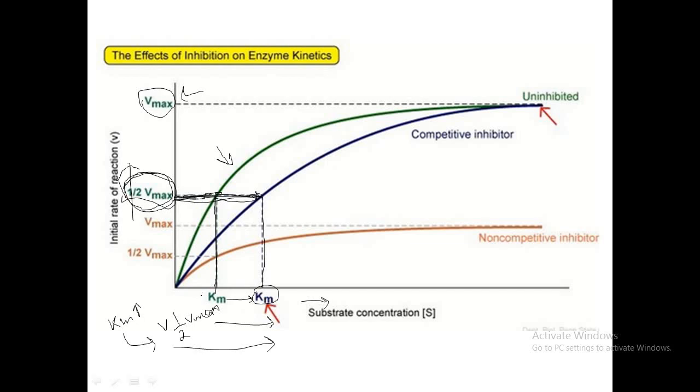The Km is different because to reach the same Vmax we need a higher substrate concentration. For the competitive inhibitor the Km is higher, because Km represents the point at which V0 is half of Vmax, so Km gets increased in competitive inhibition.